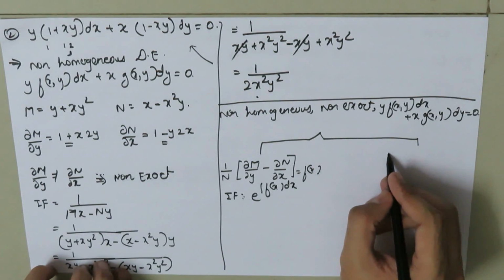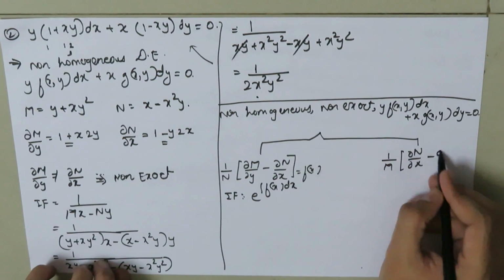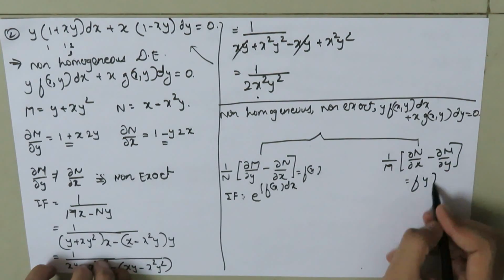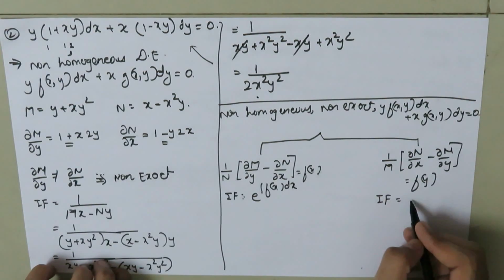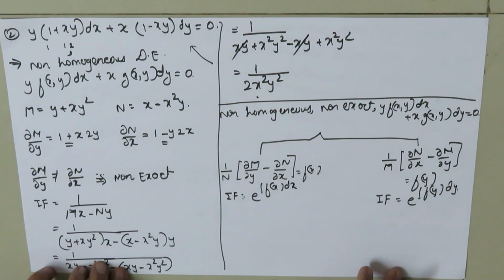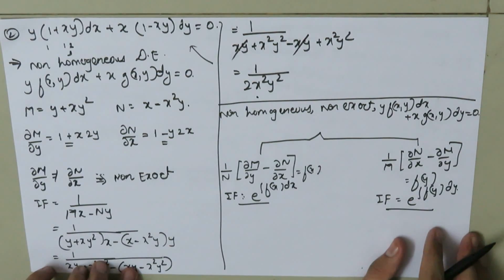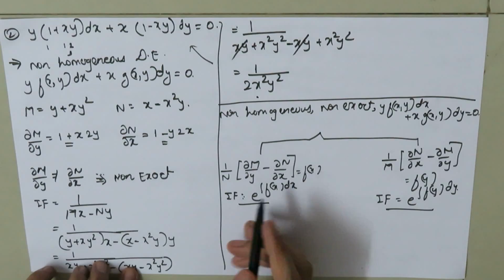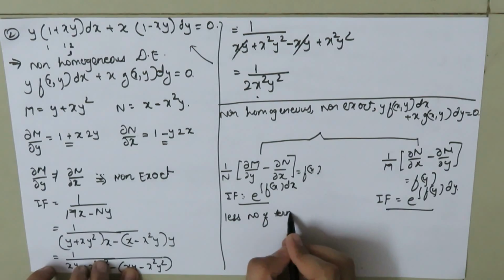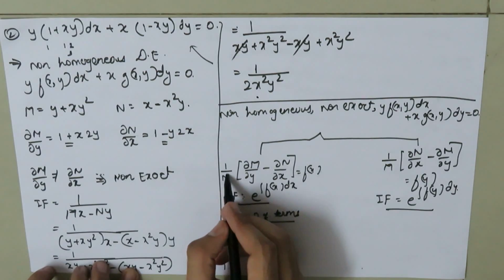And if 1 upon M times (delta N upon delta x minus delta M upon delta y) is a function of y, then our integrating factor will be equal to e to the power integration of f of y dy. Now how to identify which of these two equations we are going to use? We take the one which has fewer algebraic terms outside of the bracket.